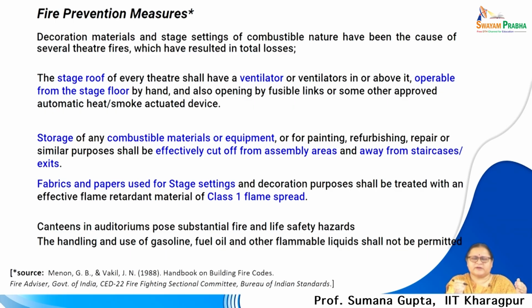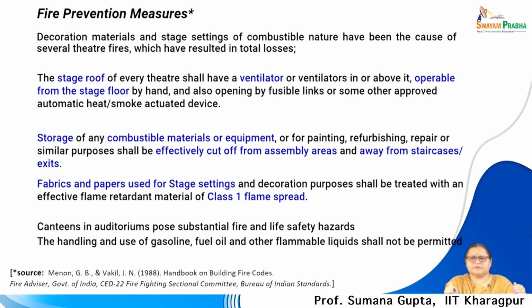The first two categories which were having stages need a stage roof for every theatre, and the stage roof should have a ventilation system and operable from the stage floor, so that any smoke that is built up in the stage area gets vented automatically, as the smoke will be on buoyancy, it will be going higher and higher and it should get an exit.